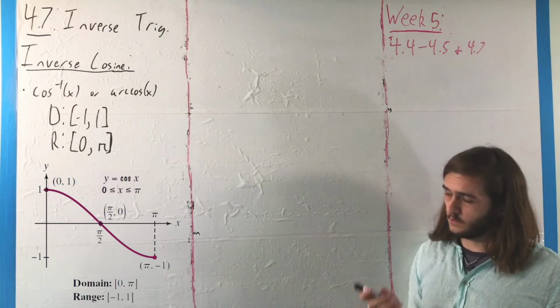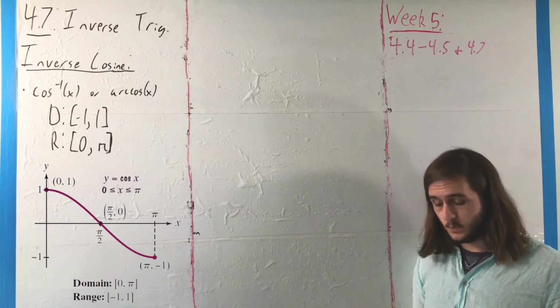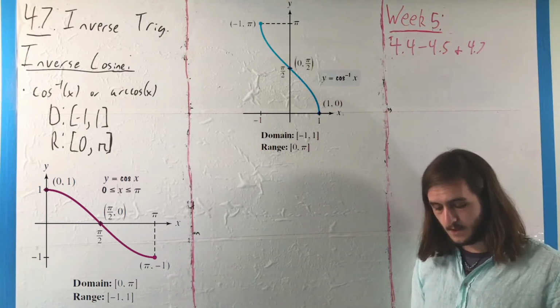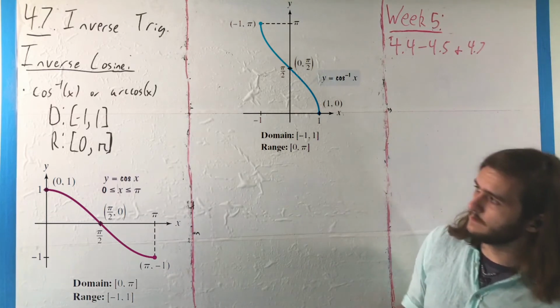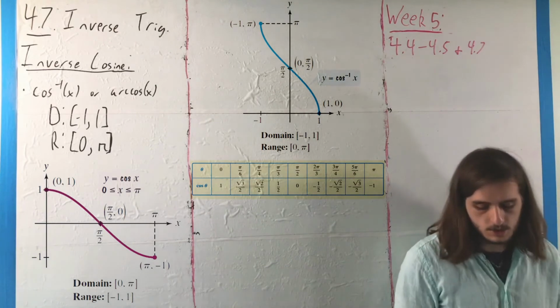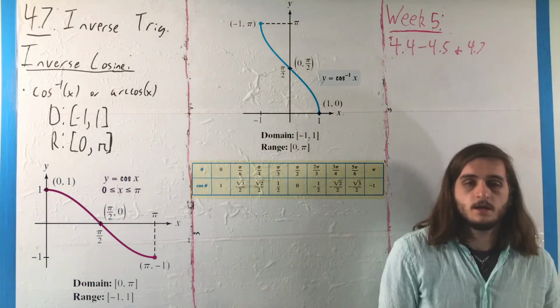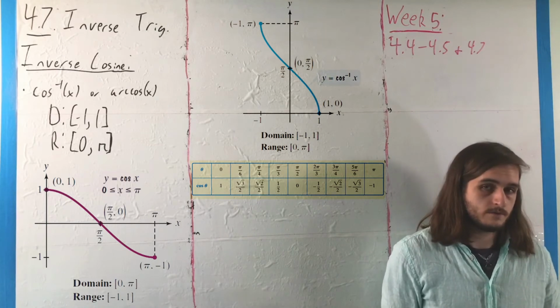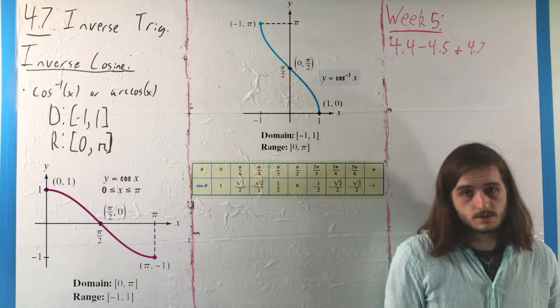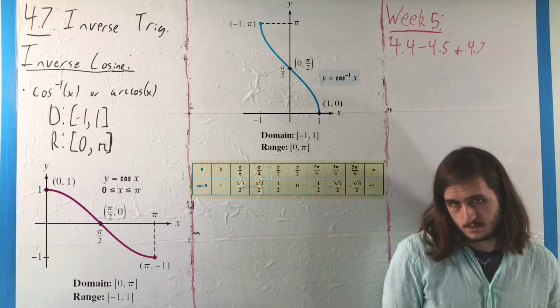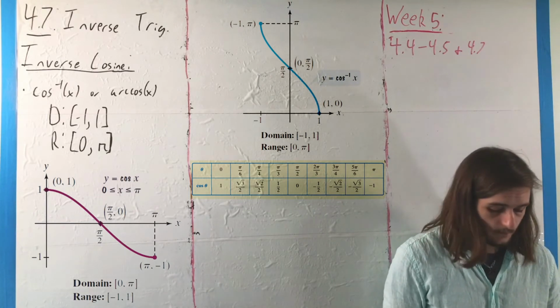Main thing is, once we have that restricted domain, we can get our inverse cosine function, where for this, we have the same flavor of table, the same type of idea in terms of being able to find inverse values using known values of cosine. It's just now our range is from 0 to pi instead of like before.